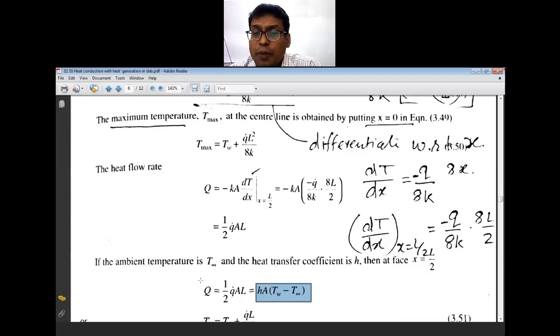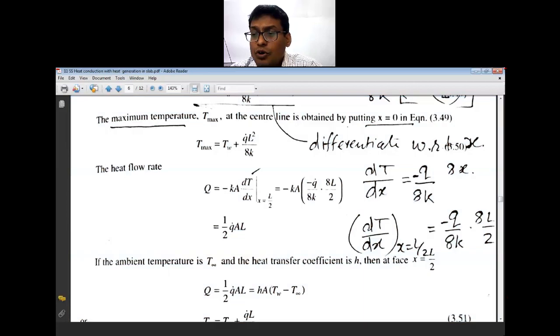This is the heat transfer by conduction inside the slab, and this is the heat transfer from the wall to the surrounding, that is TW minus T infinity, taken into account with a convective heat transfer coefficient h.